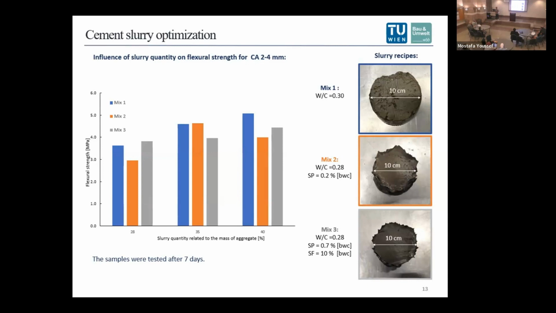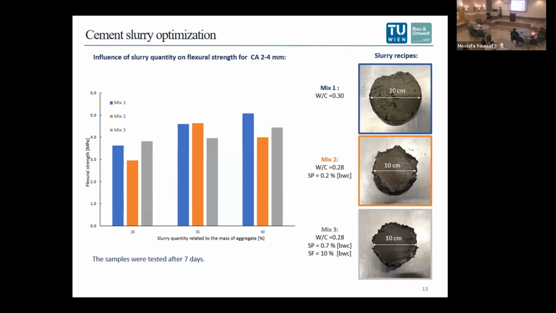The reason that we decided to use superplasticizer in this case was to increase a bit the amount of the cement, aiming to increase the mechanical properties. And mix 3 consists of silica fume, superplasticizer, and cement.